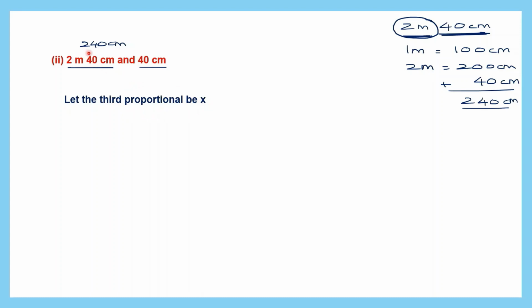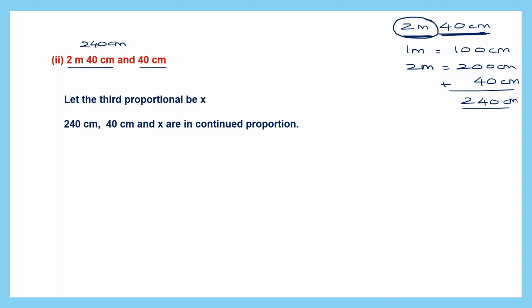So now 240 centimeters, 40 centimeters and x are said to be in continued proportion. So these three quantities are said to be in continued proportion. When do we say that they are in continued proportion? When the first quantity and the second quantity form a ratio and that ratio is equal to the ratio formed by again the second quantity and the third quantity.